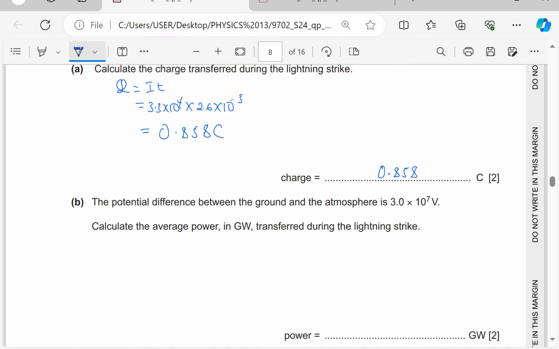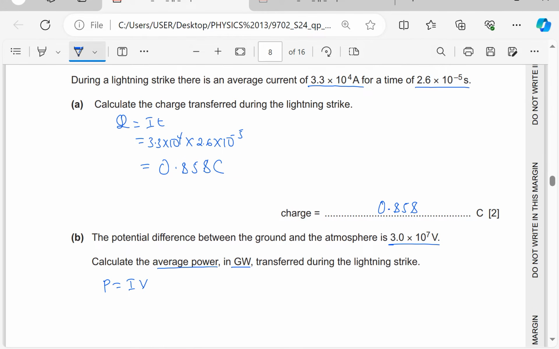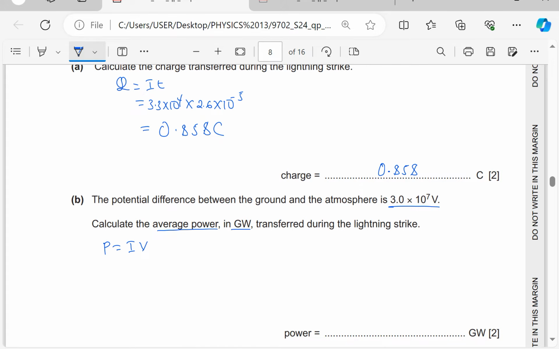The PD between the ground and the atmosphere is 3.0 times 10 to the power of 7 volts. Calculate the average power in gigawatts transferred during the lightning strike. So we know that electric power is I times V, because they have given us V, and we know the current. So I'll just use that directly.